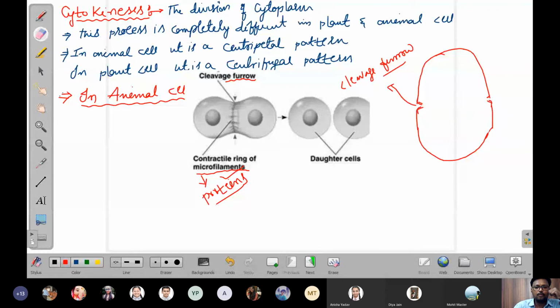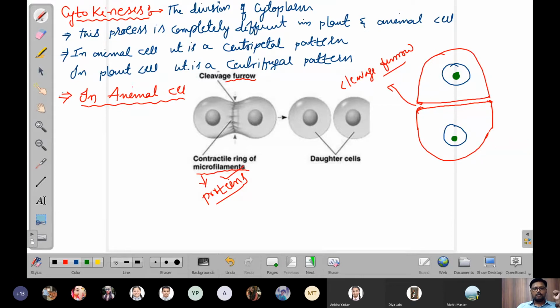Once the cleavage furrow from both the sides meets with each other, there will be two separate cells formed, each with a specific nucleus. This is called the cytokinesis process in the animal cell.